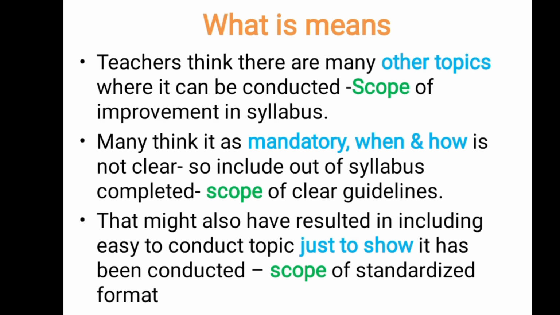So there is scope for improvement in the syllabus. Also many think it is mandatory, and when and how is not clear. So they include out of syllabus topics. So there is scope for clear guidelines. That might also have resulted in including easy to conduct topics just to show it has been conducted. There is scope for a standardized format.